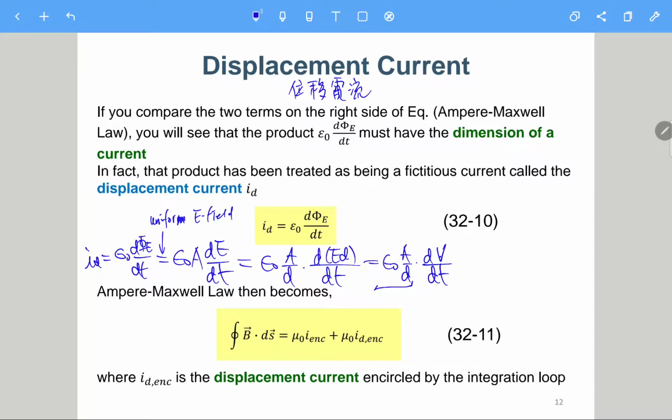So this is the parallel plate capacitance, so we have C dV/dt, where C equals epsilon naught A over d. This is a parallel plate capacitor. So we have this C, and then dV/dt is here, with V equals Ed for a uniform E field again. So you can see that this displacement current is actually the current going through the capacitor.